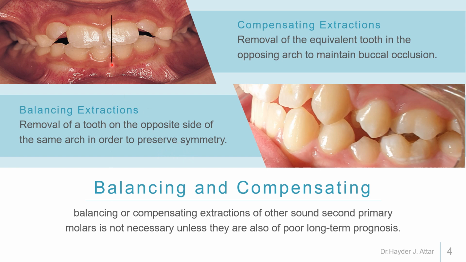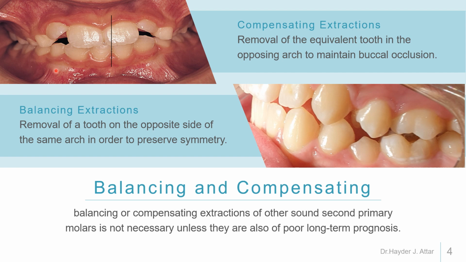Here we have, in this case, a shift in the midline to the left side of the patient due to the unbalanced extraction of the mandibular deciduous canine, leaving the deciduous canine on the other side.